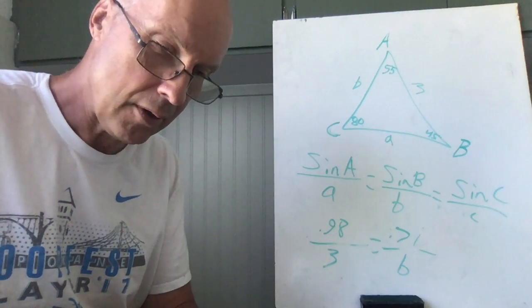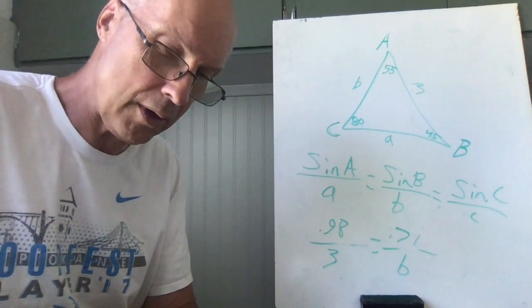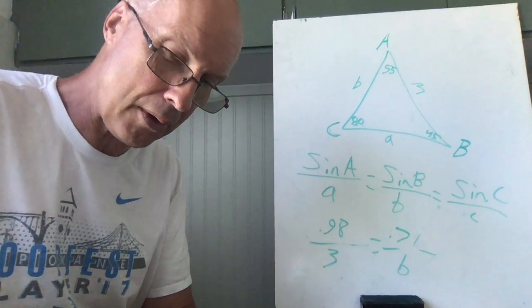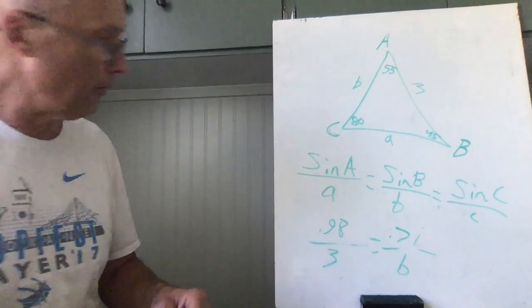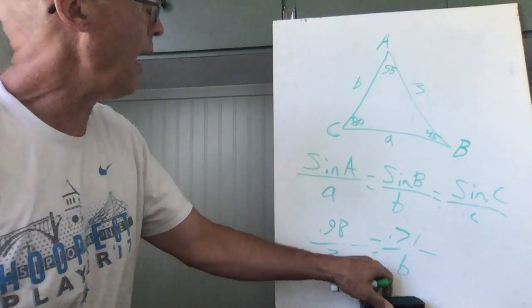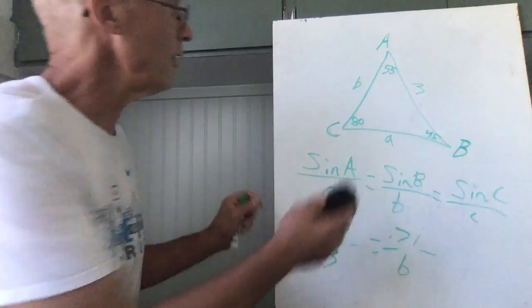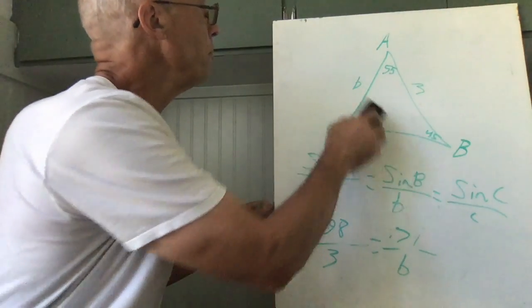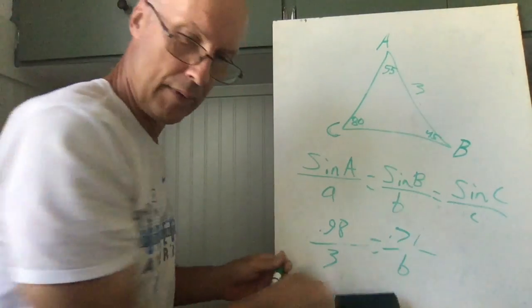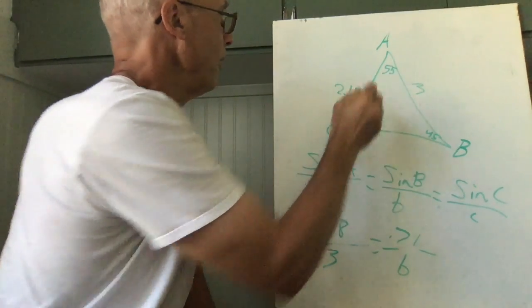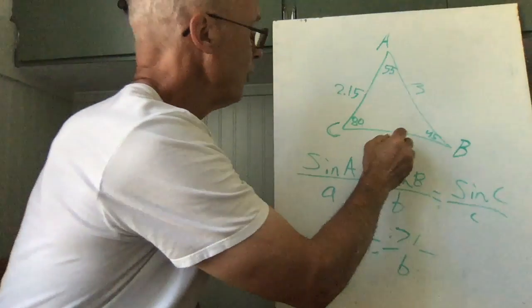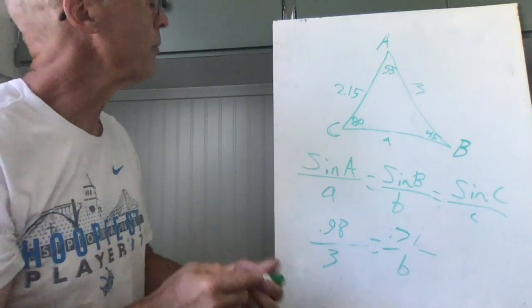So 0.71 divided by 0.33 gives you about 2.15. So we know that the length of B is 2.15. Let's do the length of A now.